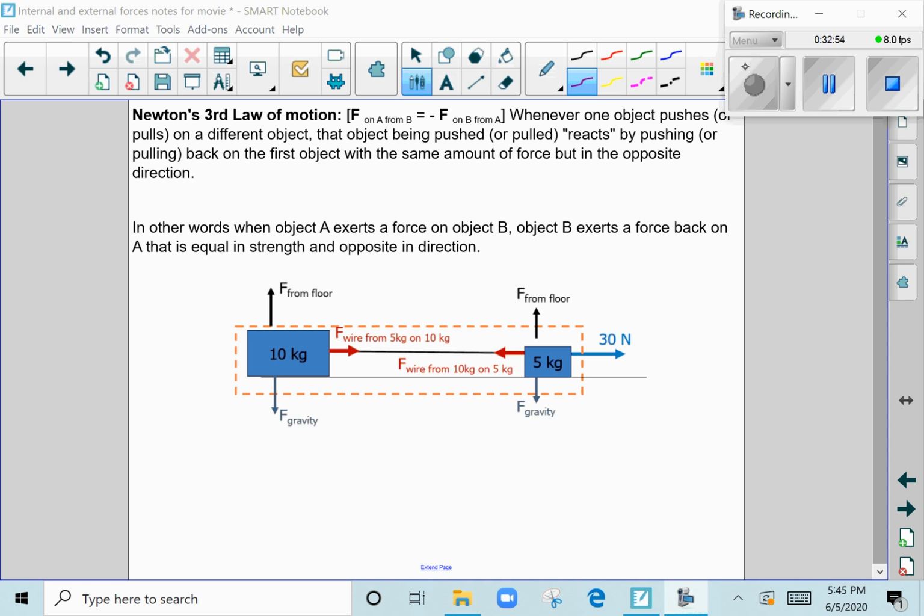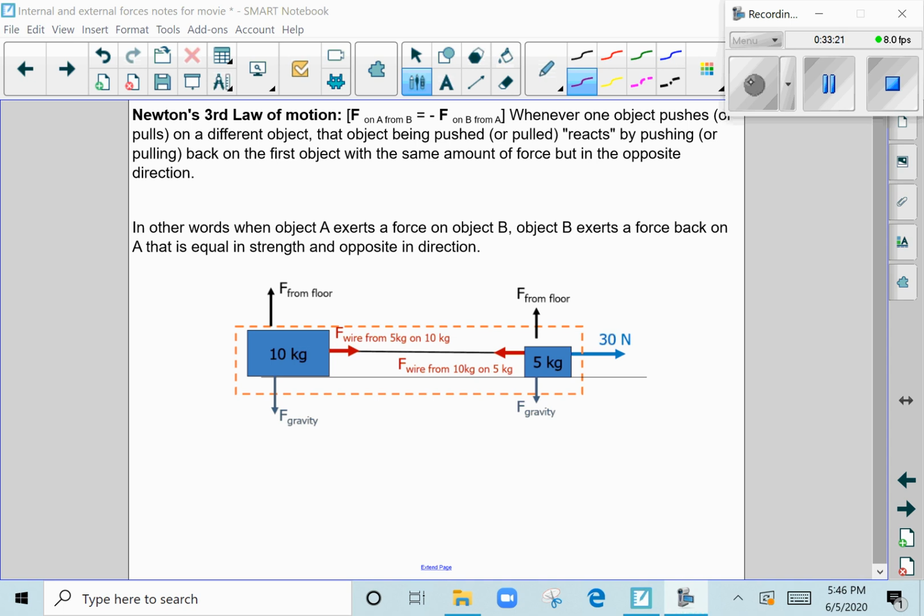Newton's third law really just says that whenever one object pushes on something else, that thing that's being pushed, quote unquote, reacts by pushing back on the first guy with an equal amount of force but in the opposite direction. So if Bob pushes Tom to the right, Tom's body automatically will push him back to the left.